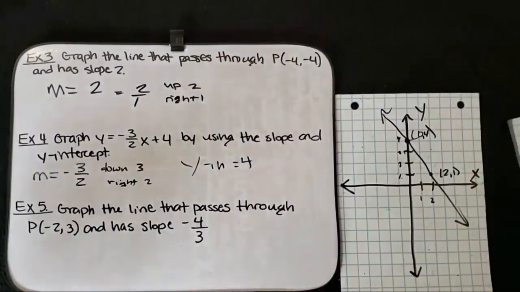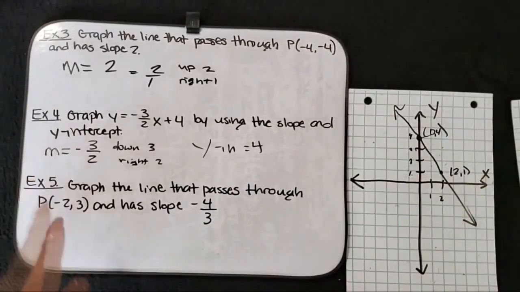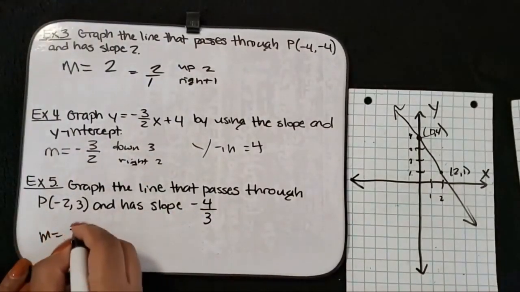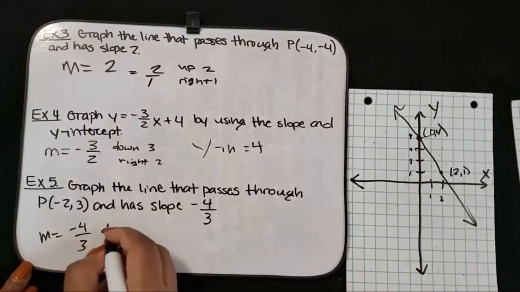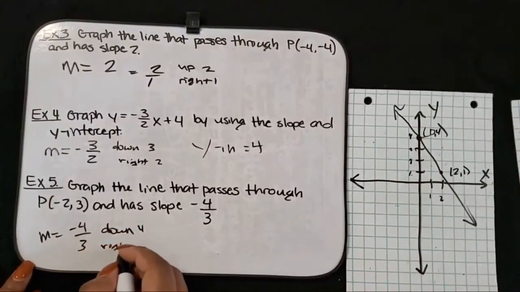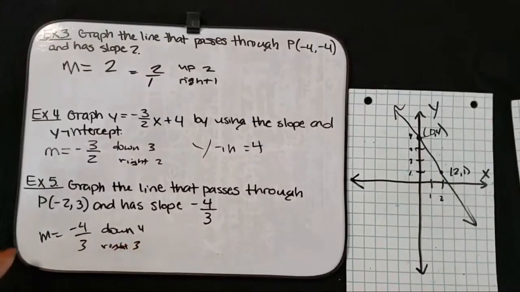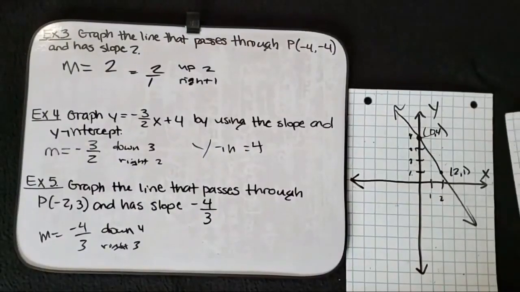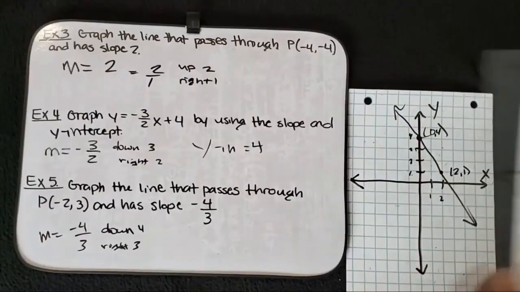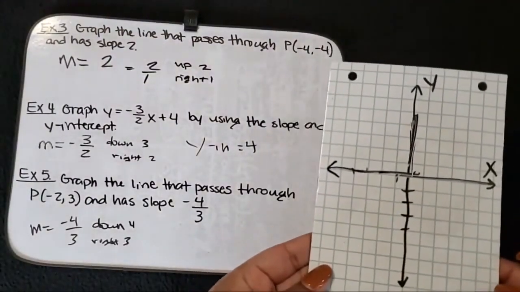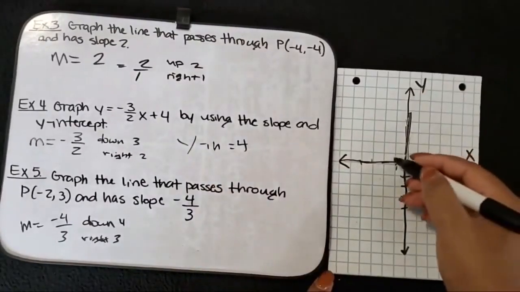For example 5, they give us a point and the slope. So m is -4/3, so we're going down 4 and to the right 3 from this point. First thing we need to do is plot that point, which is (-2, 3).